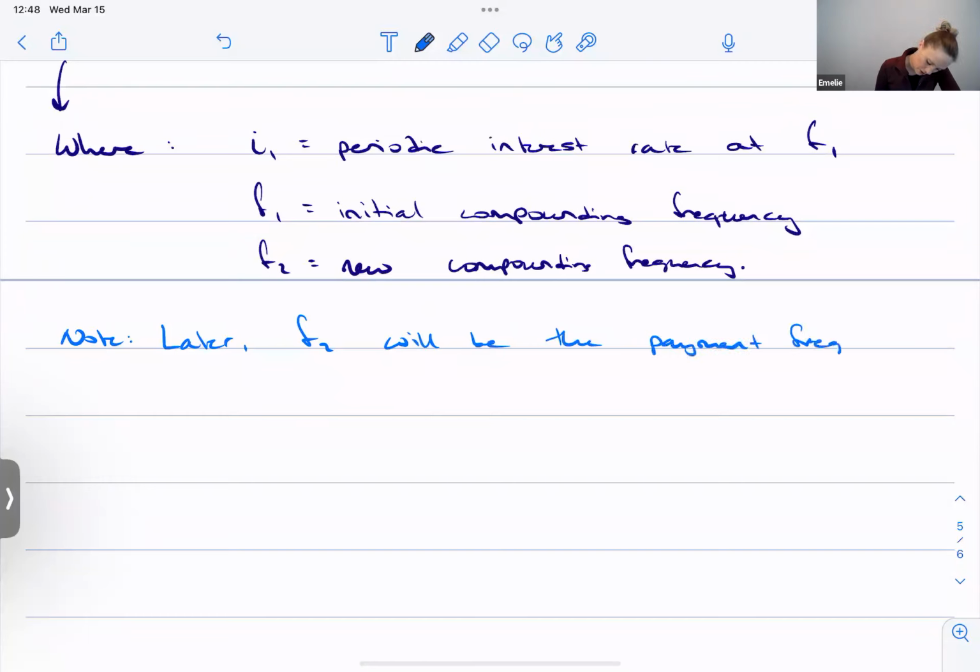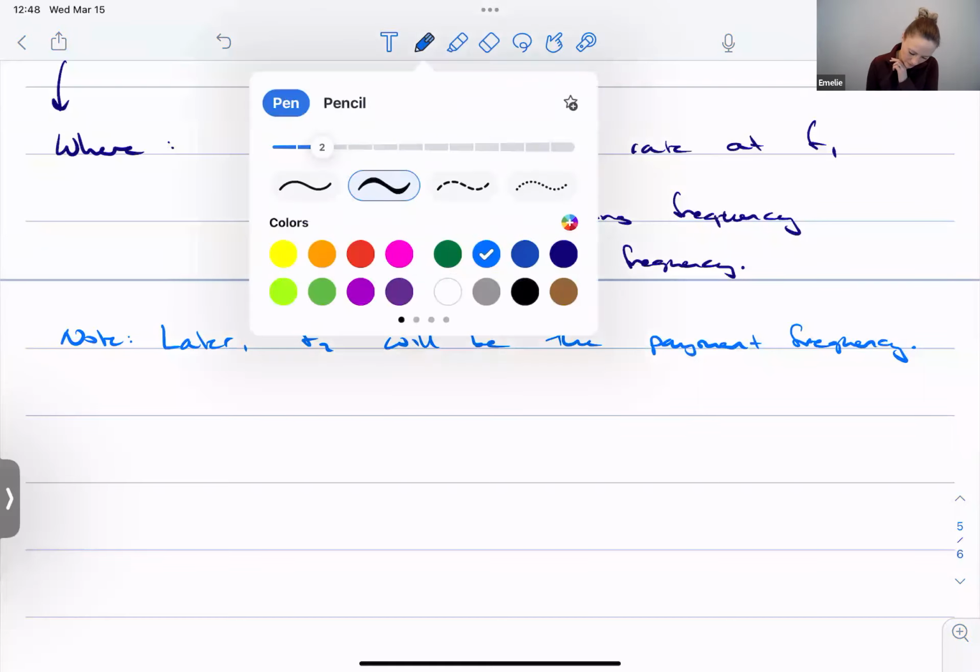I only mention this now because this is probably where you're going to look back to in your notes when you're trying to figure out when to use this formula. It's important that the payment frequency is your new frequency.